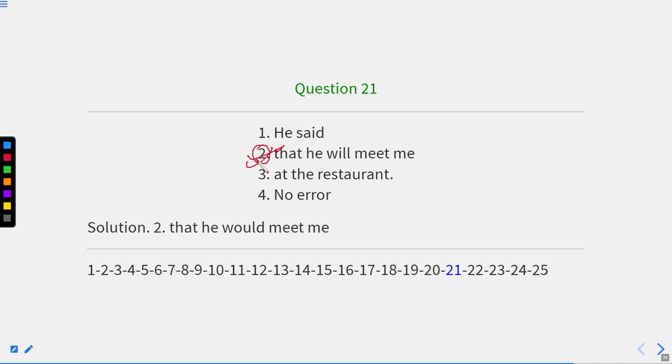If it was present tense, then it will be in past tense. And if we had any modal over there, the modal will also be in its past form. For example, will converts into would, can converts into could, and shall will be should or would. So according to this, will cannot be the structure of the sentence. Instead, we can use the word would. Now let us move to the next one.